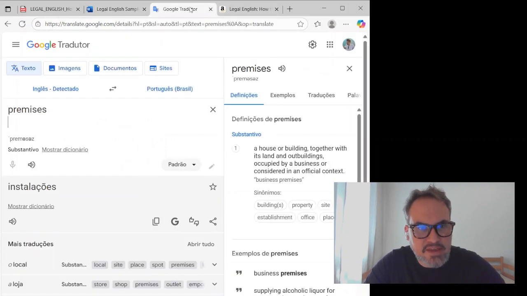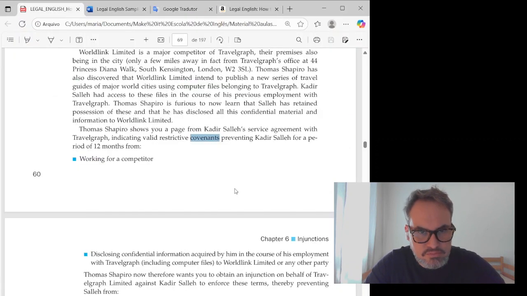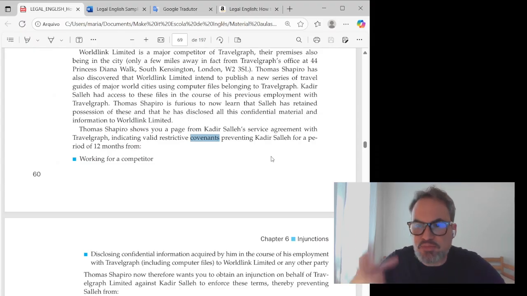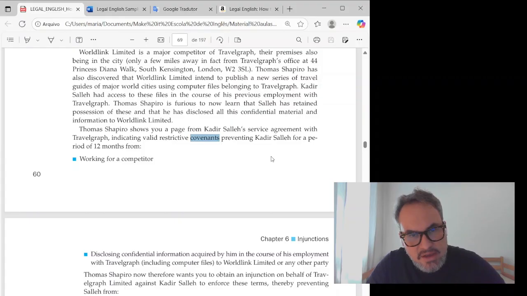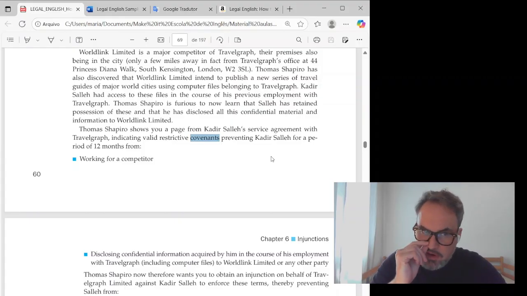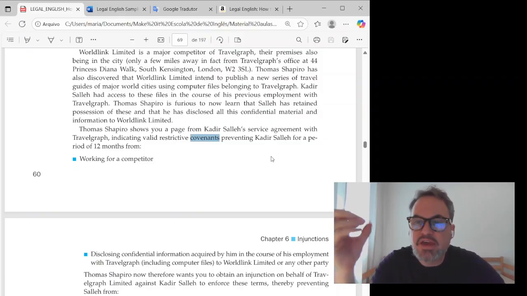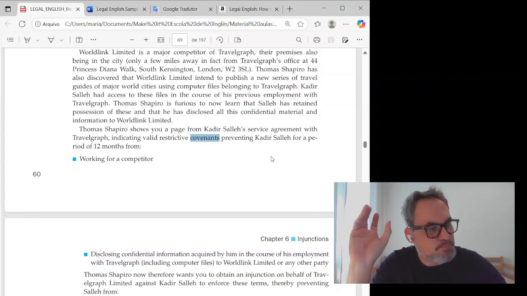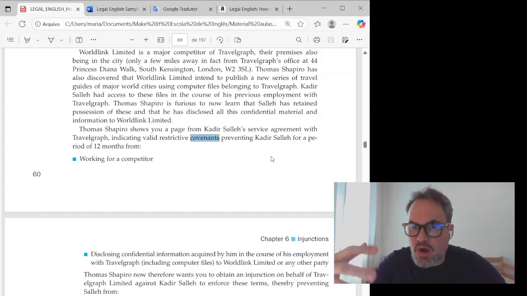So what they're saying here, preventing, stopping, right? Prohibiting Kadir Saleh from a period of 12 months from working for a competitor. So he couldn't, right? His job agreement prevented him from working for another company, like a rival or competitor, right?